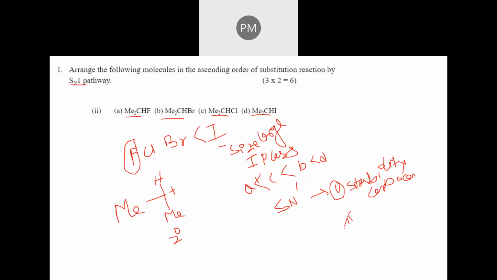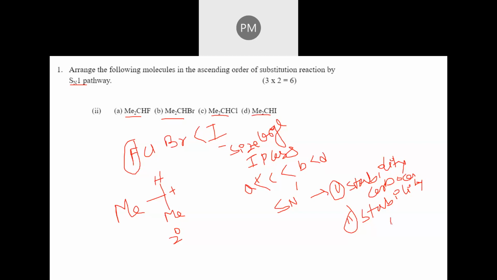So after removal of the leaving group, how stable that leaving group is or not.